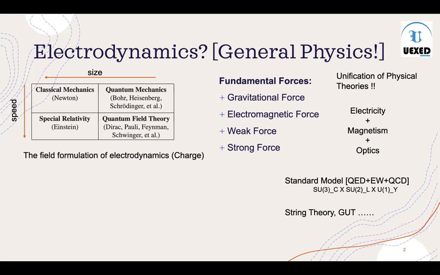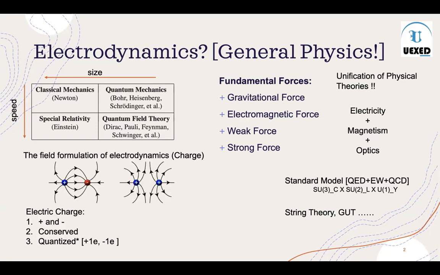Then we talked about the field formulation of electrodynamics, where we described charge. The property of charge is that it is either positive or negative, it should be conserved, and it should also be quantized. We're going to see these pictures in more detail in the third session, where we talk about electric fields.